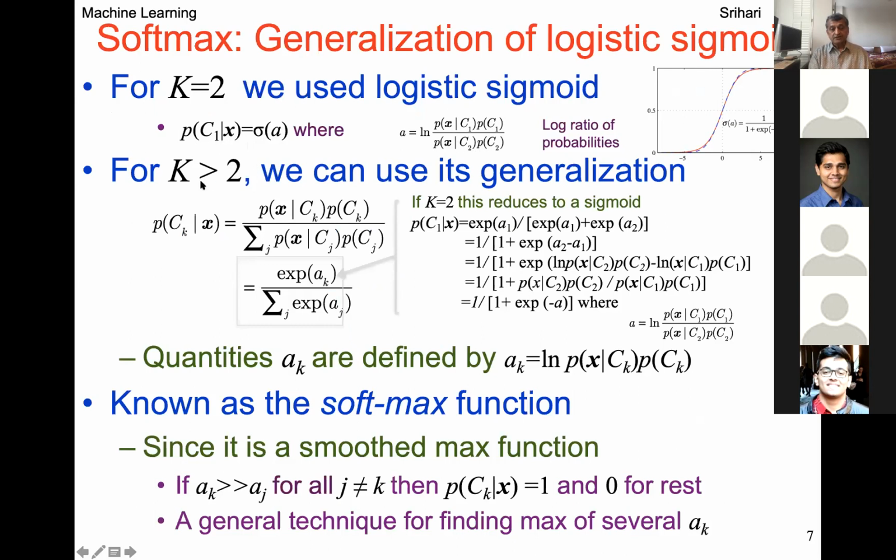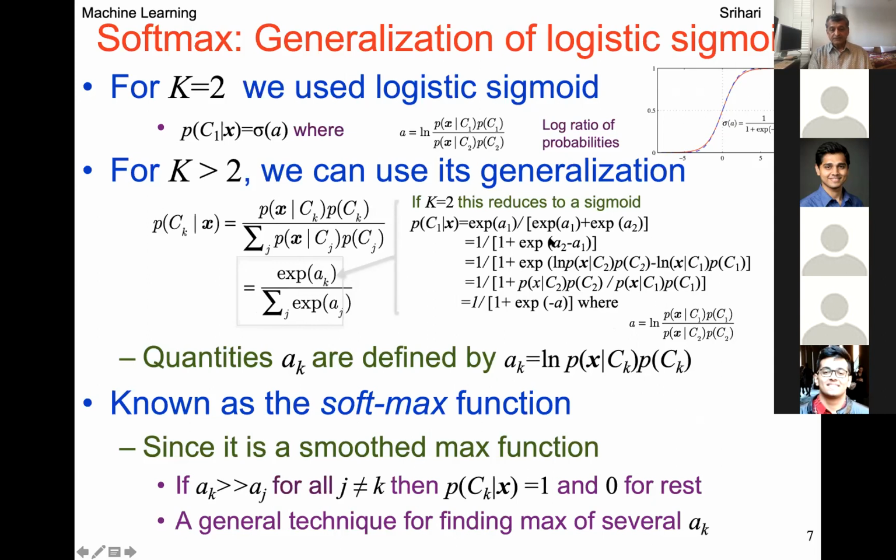For k greater than 2, we can use its generalization. P of Ck given x is written in the same way that we said earlier on. We have a summation over all the classes. And that can be written by a clever substitution as exponential of Ak over summation of exponential of Aj. How do you do that? Here A is exactly this quantity.